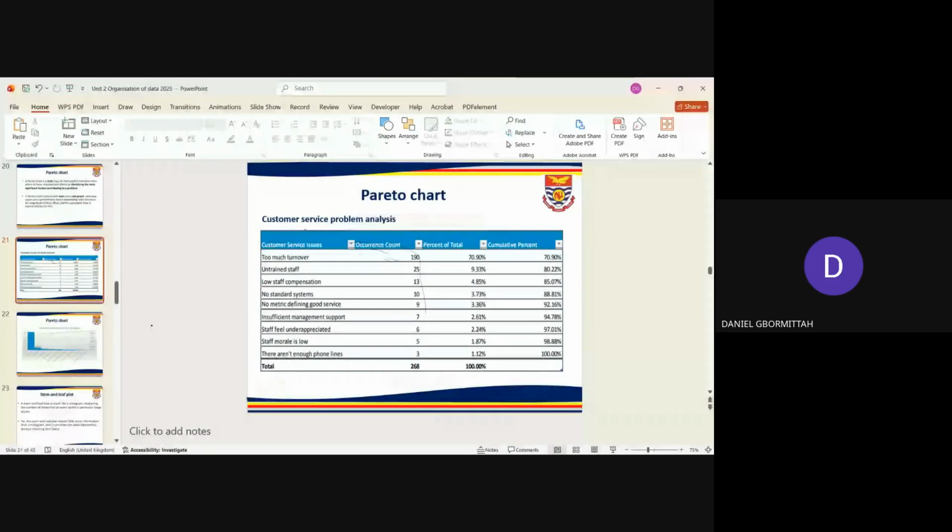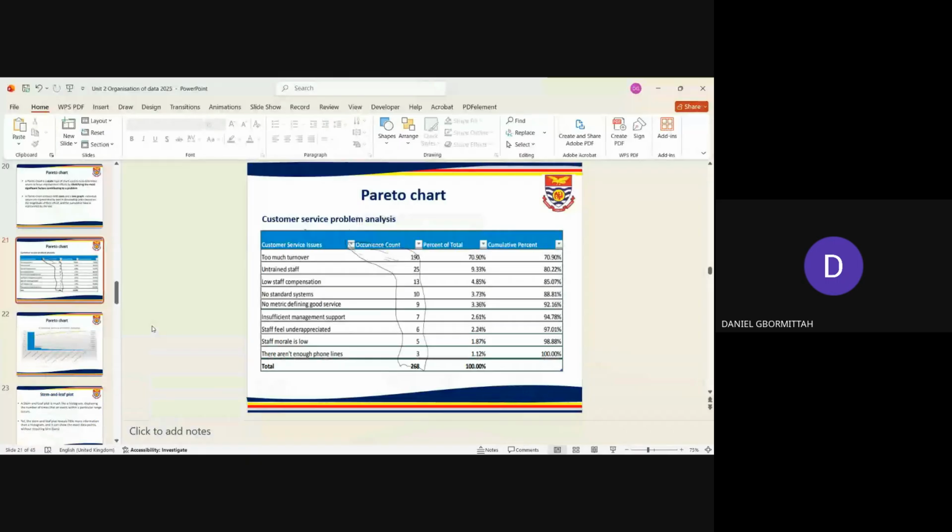So we have the frequency count, or the occurrence count. The first one is 190, then 25, and through to the last one, which is 3.